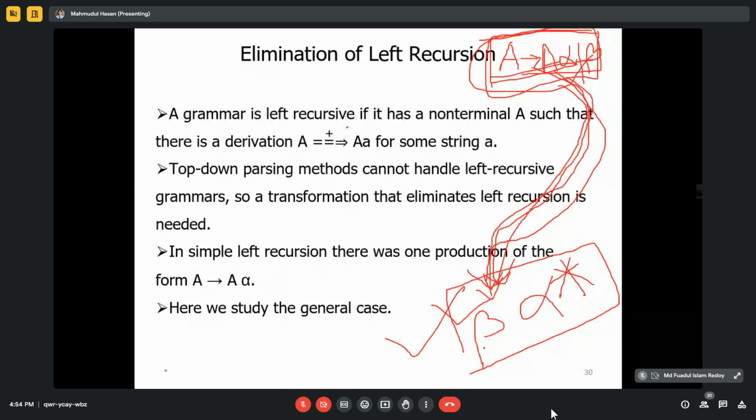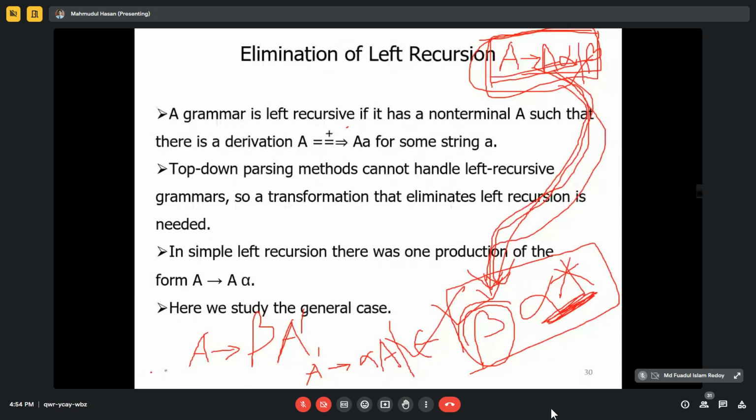Okay, so our input is beta alpha star. That means you can go A to beta A dash, where A dash is a new non-terminal. Then A dash to alpha A dash, and obviously you need to put an epsilon: A dash to epsilon.